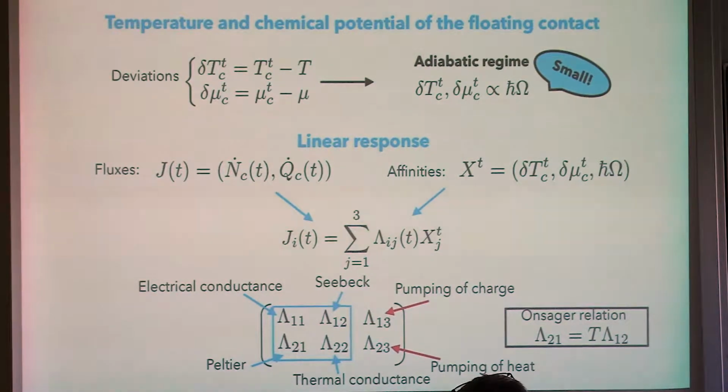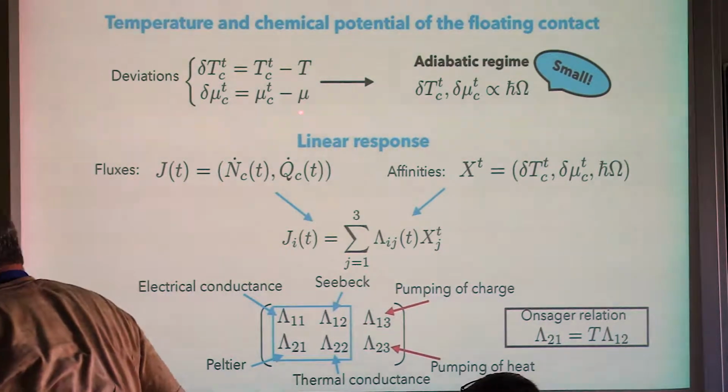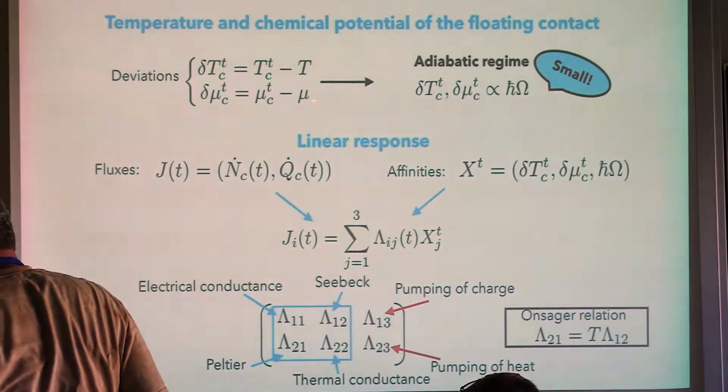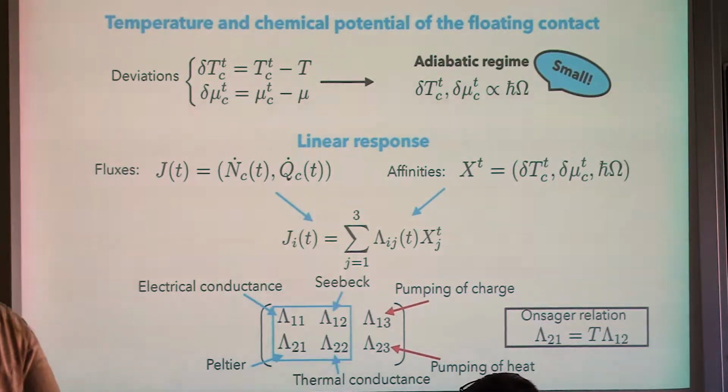So let me start from the deviation of the temperature of the rotating contact and of the chemical potential from their reference values that are fixed, that are the temperature of the reservoir and its chemical potential.